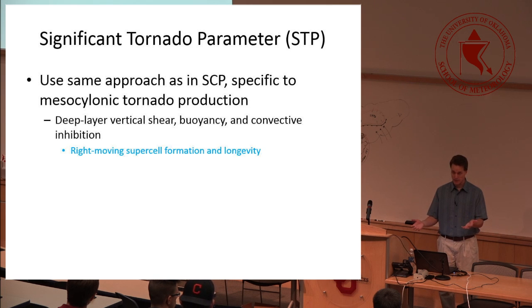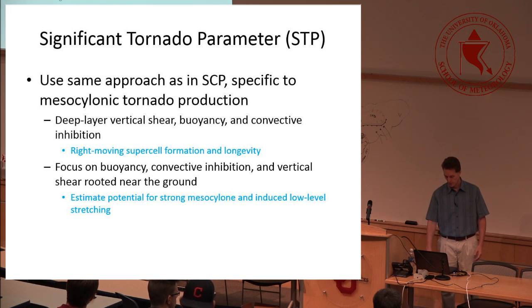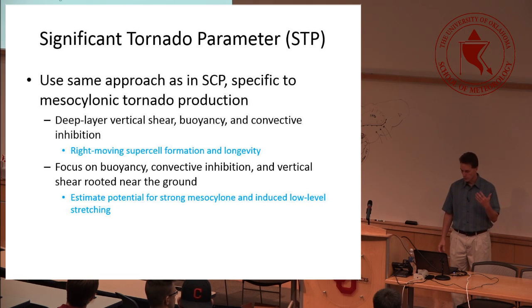If there's a lot of convective inhibition in the background environment, then the resistance to ascent down low is large. And then we also need to consider, are these storms rooted at the ground, and is the vertical shear close to the ground so that the pressure perturbation is close to the ground, which gives us a stronger stretching term.